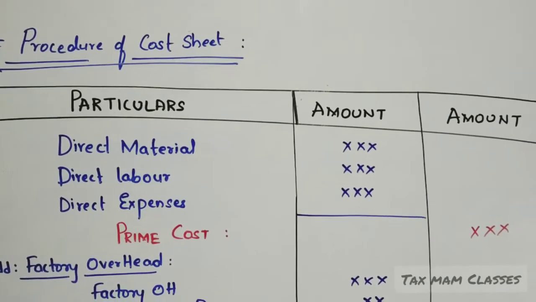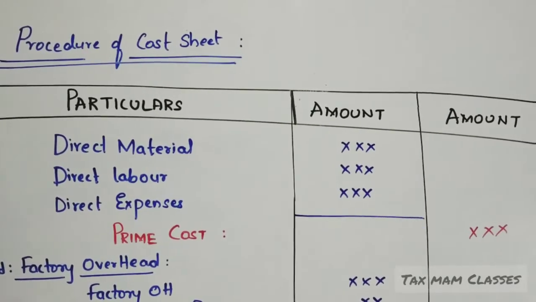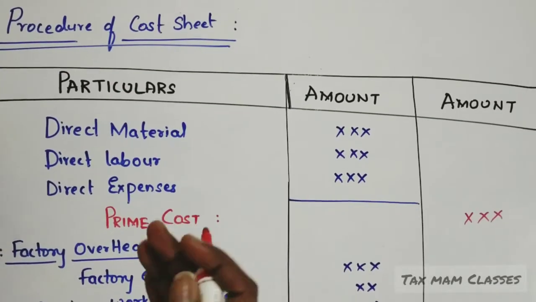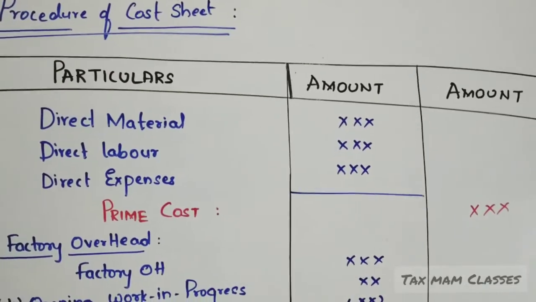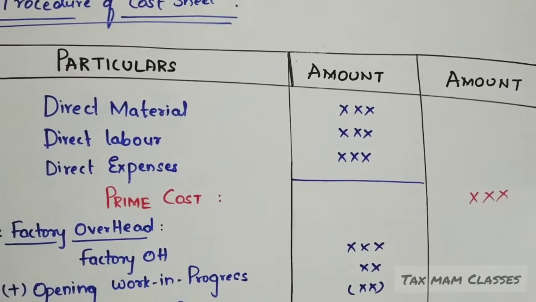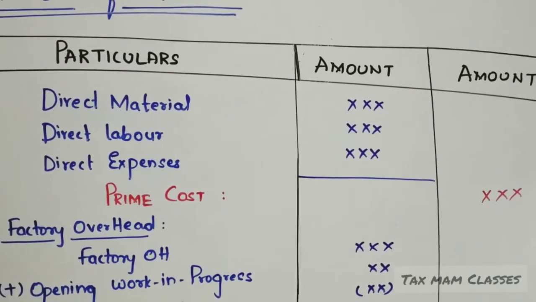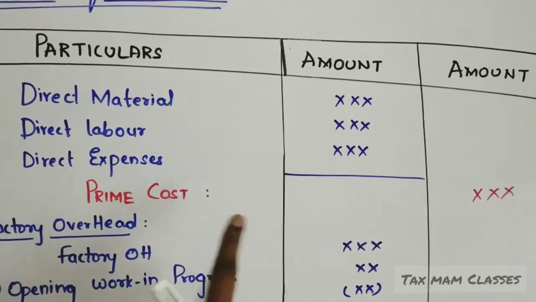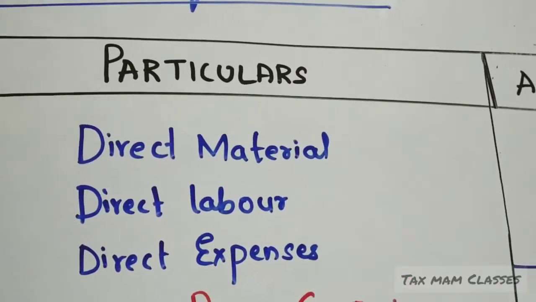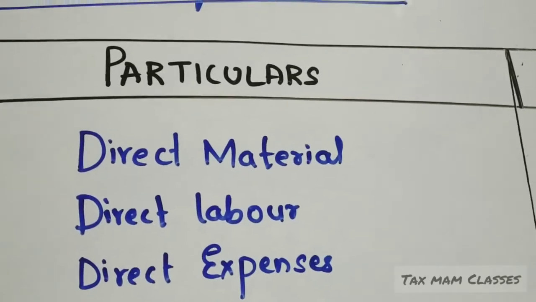So now coming to the pro forma of the cost sheet, what I have discussed in a theoretical manner, I have put in a systematic manner in a pro forma. See, first we are going to add all the direct material, direct labor and direct expenses. We are going to name it the prime cost. For direct material we have to take only the direct material consumed. What is direct material consumed?